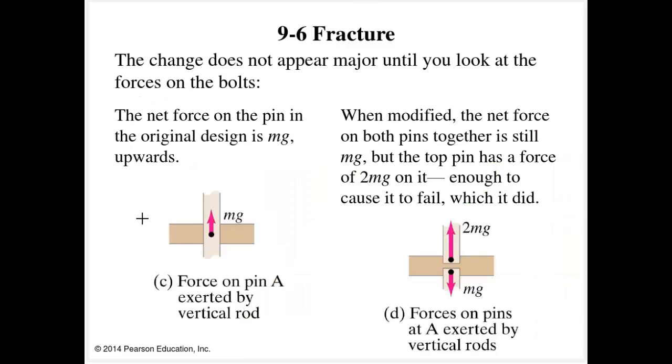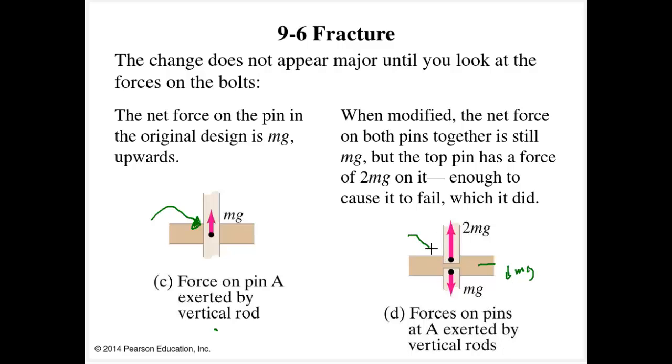The difference really doesn't appear to be major until you consider the forces on the bolts, which are the pivot points here. In the original design, each pivot point only had to support the weight of that particular walkway. The weight of the walkway below it was supported by its own pivot point. However, by splitting the single beam up into multiple beams, now each pivot point has to support not only the weight of its walkway, so mass times gravity, but the weight of the walkway below it.